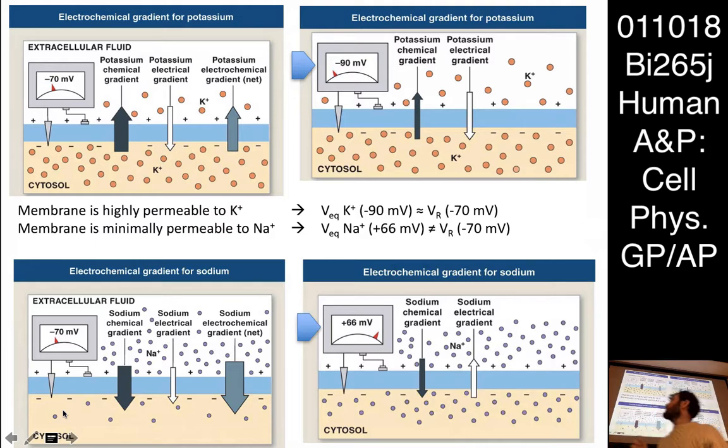You're taking me at my word? So let's just open up a channel, not for sodium, just for potassium. We're just going to let potassium flow out. Some potassium is going to flow out to the point where enough has flowed out so that the chemical gradient is equal and opposite to the electrical gradient. All right? So at that point, the forces driving it in are equal to the forces driving it out. And so that is an equilibrium.